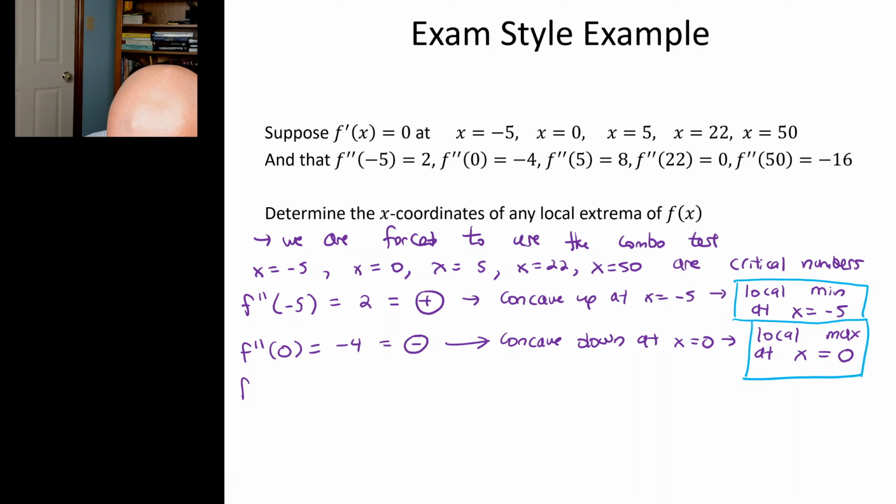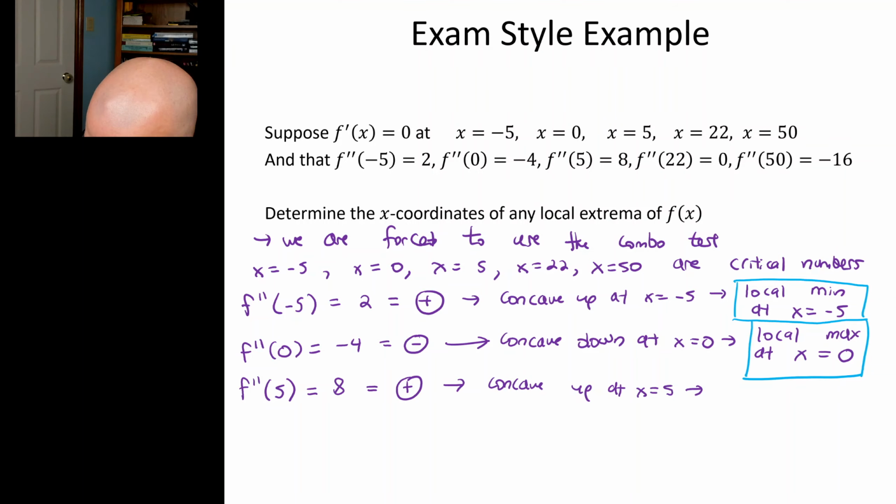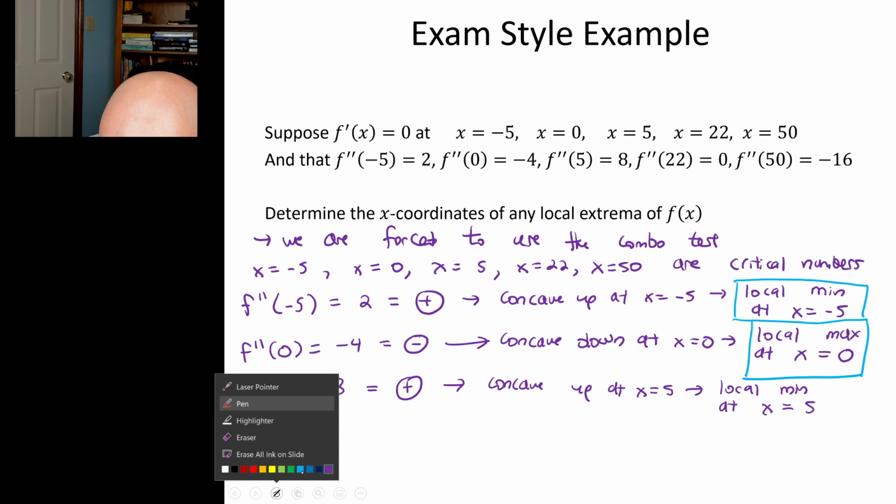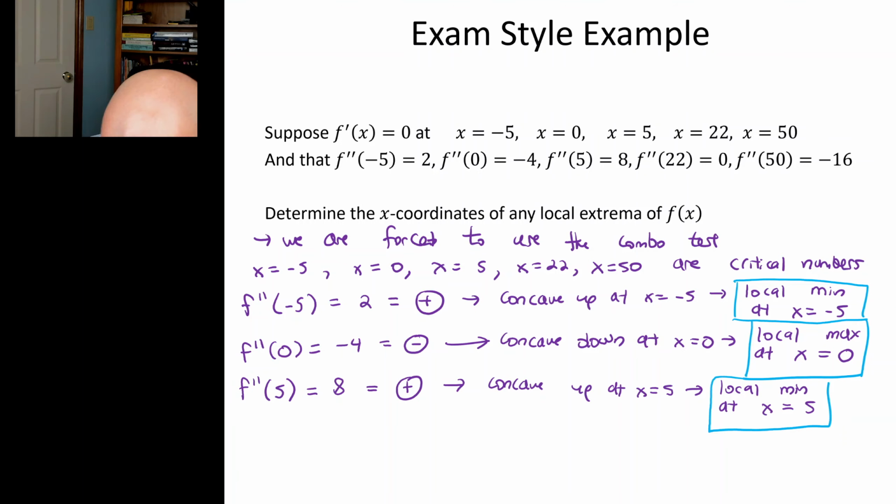And we'll go to the next one. +5. F double prime of +5 is 8, which is a positive number. That means it's concave up at x equals +5, and that's going to mean a local min. Okay, so that's our next conclusion that we can draw based on this data.